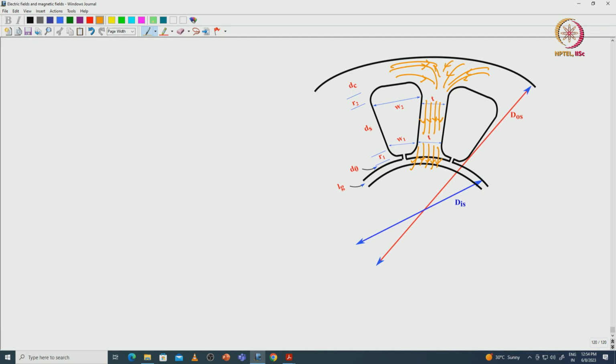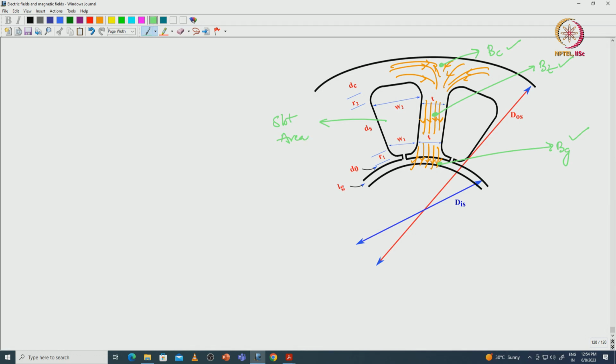Okay. So, our first task is to identify what is Bc, what is Bt and then what is Bg, the flux at the core and flux in the teeth and flux in the air gap, and along with that find the slot area.